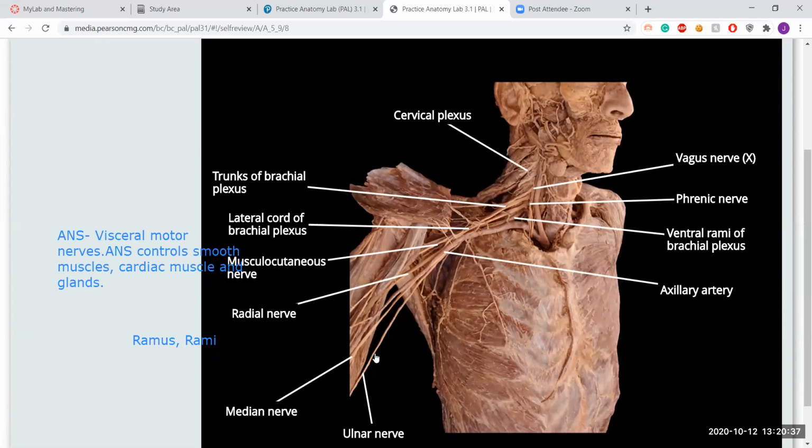So let's see here. These are the spinal nerves, ventral rami joining and forming the cervical plexus here. And then in the arm region, you have brachial plexus. Plexus is a bundle of spinal nerves. Lateral cord of brachial plexus, and then nerves: musculocutaneous nerve, radial nerve, ulnar nerve. These are the nerves. And here you can see the artery.